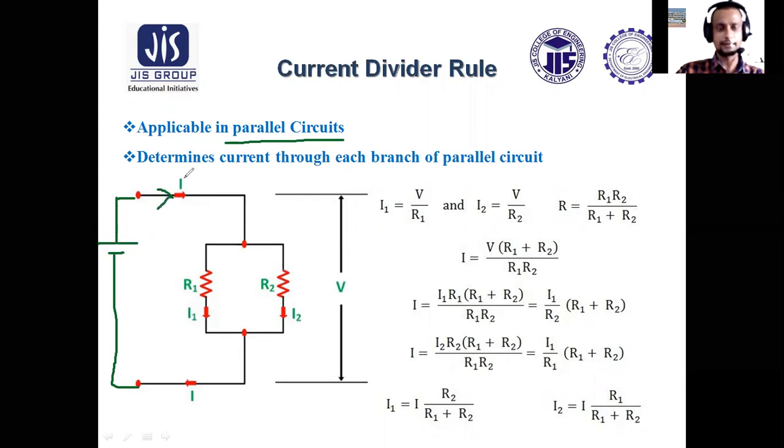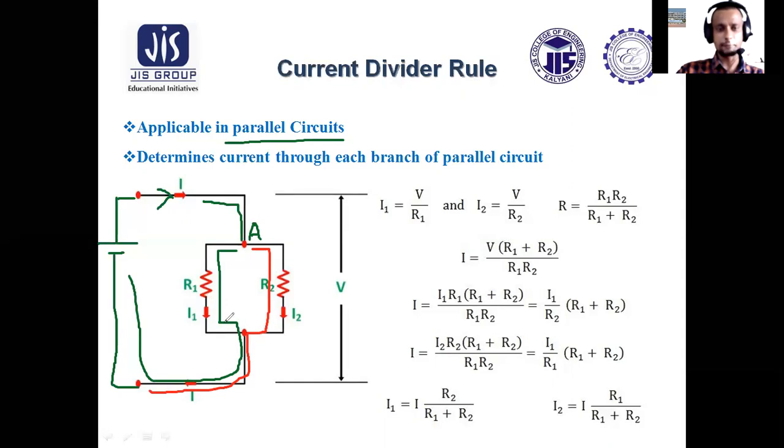Say this current is I. Now when this current comes to this point, say this is point A, current will get two different paths to flow to the negative terminal of the supply voltage. So one is the green path, another is the red path.